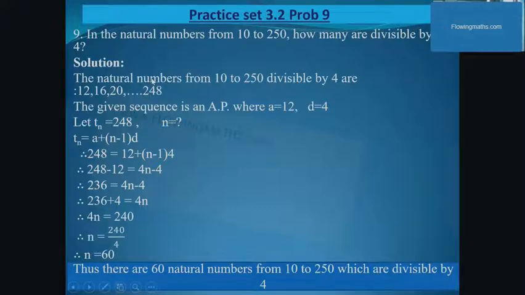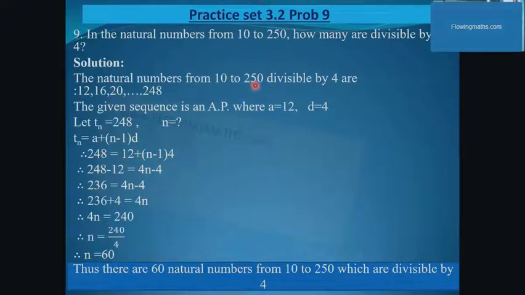Now for the numbers between 10 and 250, we need to find how many are divisible by 4. 10 is not divisible by 4. 11 is not. 12 is. So we start with 12. The next number divisible by 4 is 16, then 20.